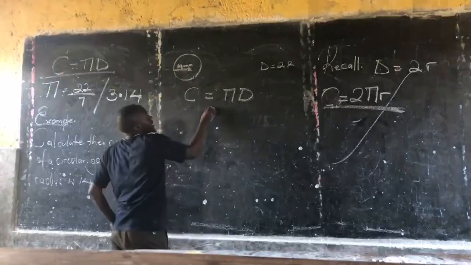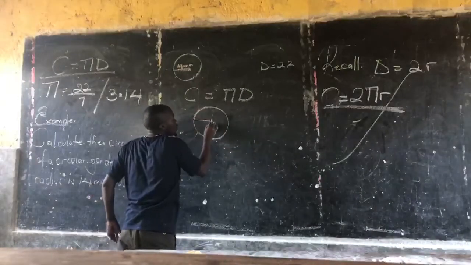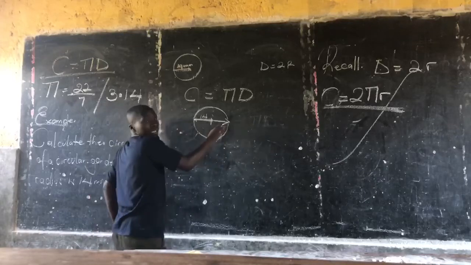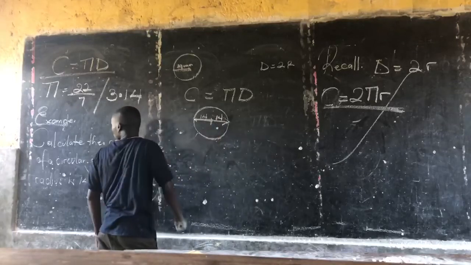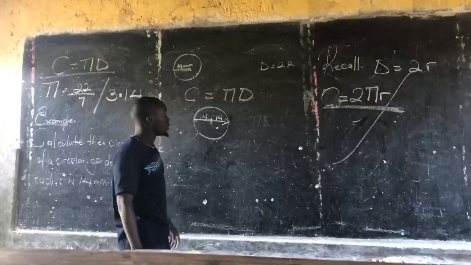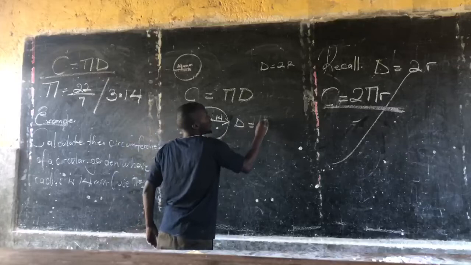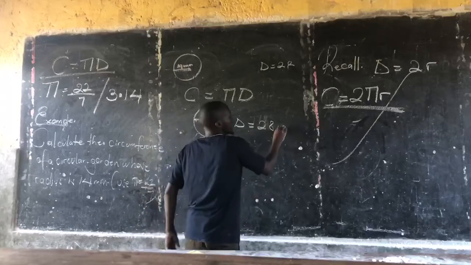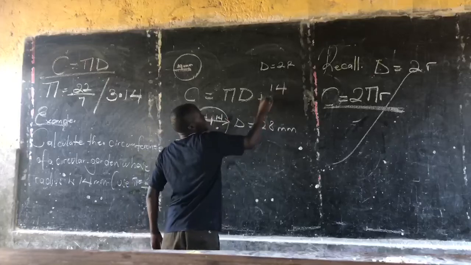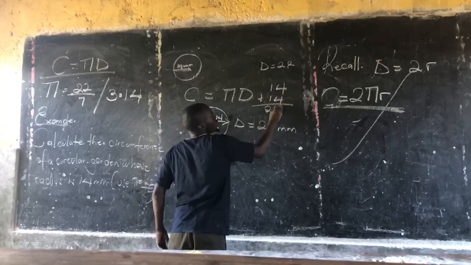They have given us a circle with 14 as the radius, but I need the diameter, from here to there, which is another 14. So the diameter is 14 plus 14, which is 28 millimeters.